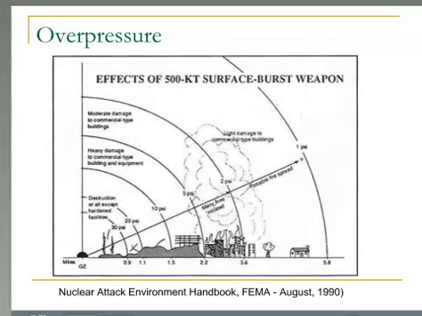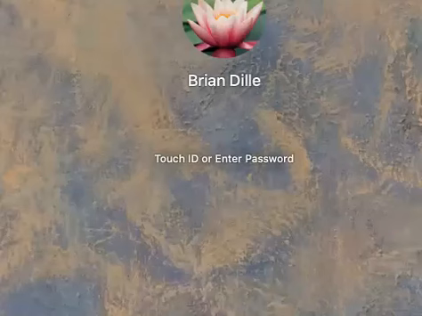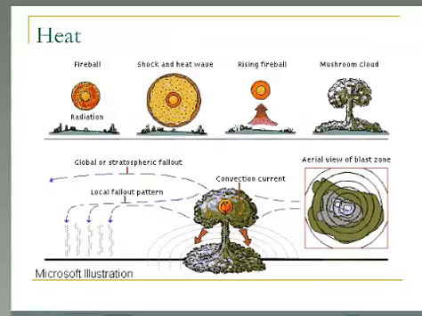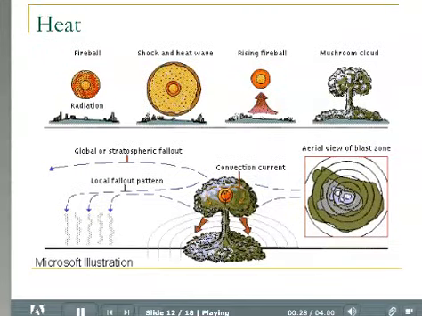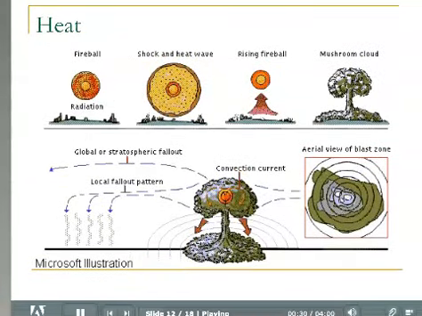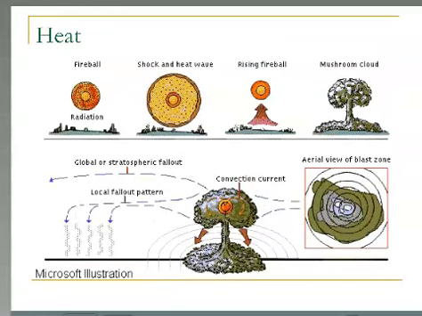The next form of energy that is released by the nuclear bomb is heat. The heat from the explosion expands rapidly. Most nuclear bombs are designed to explode in the air, as the diagram here shows, because if you shoot your missile at the ground, then when it explodes on the ground, half of the energy is wasted because it all goes into the ground.